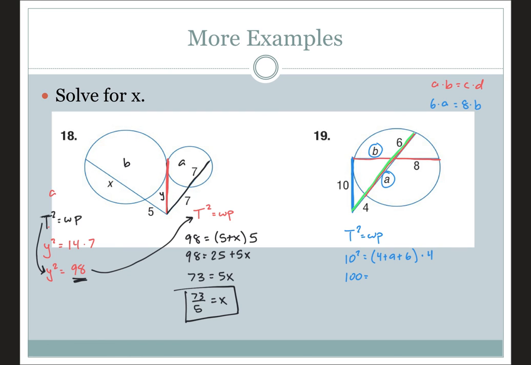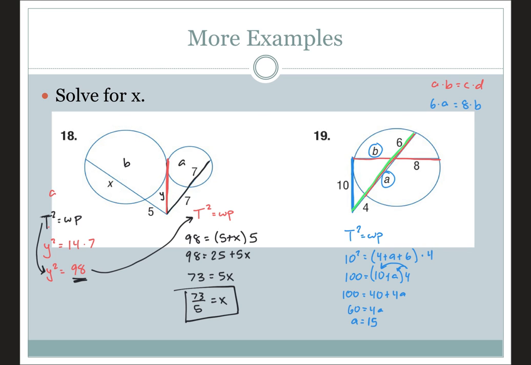So I've got 100 is equal to 10 plus A times 4. Be careful when you distribute. Okay, and we're cruising right along with the basic algebra. A is equal to 15.